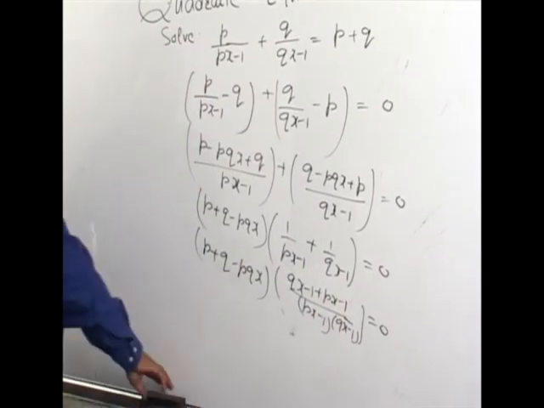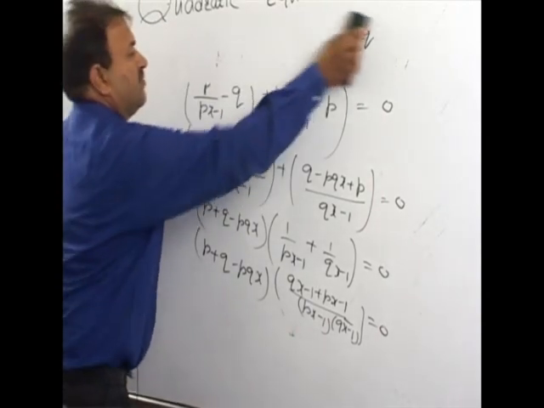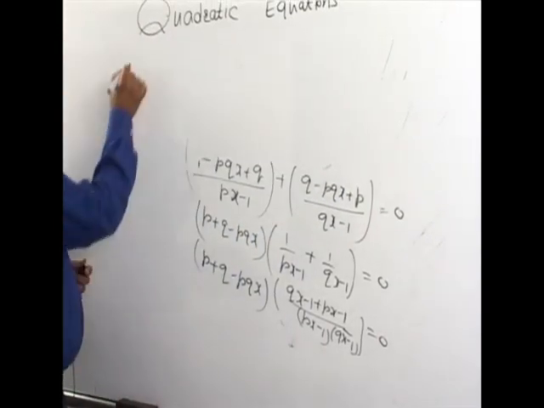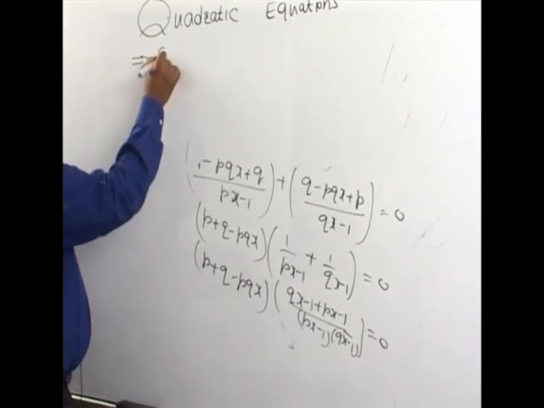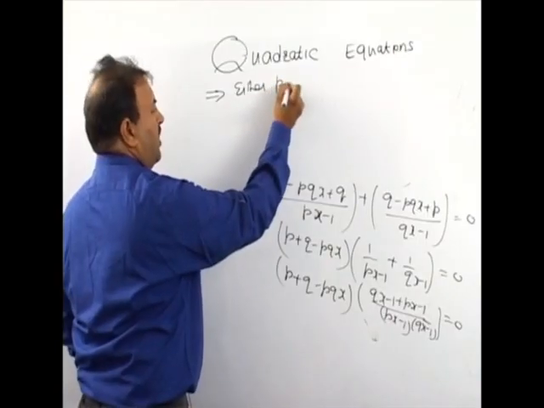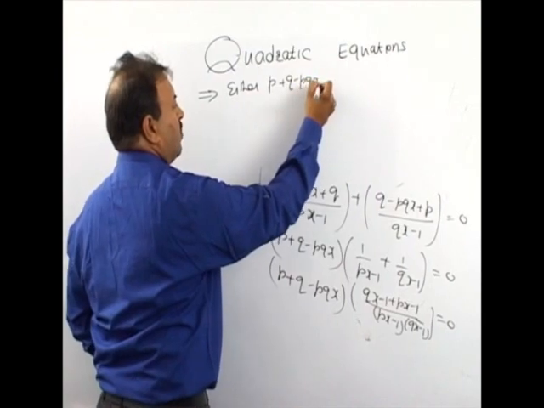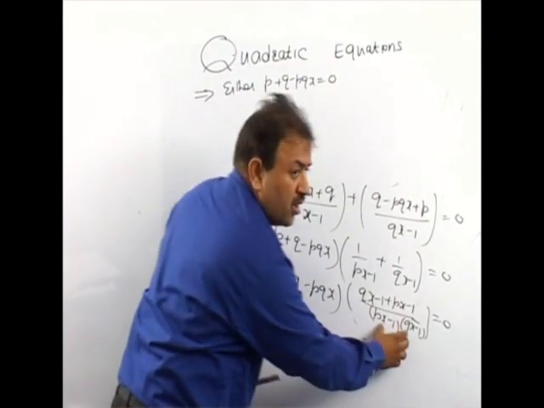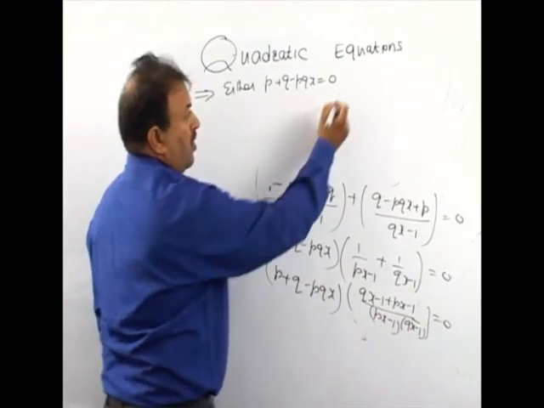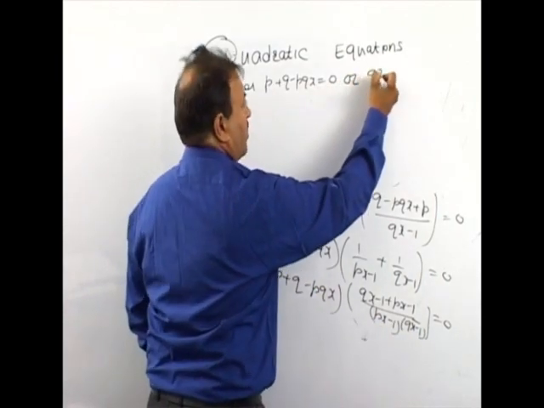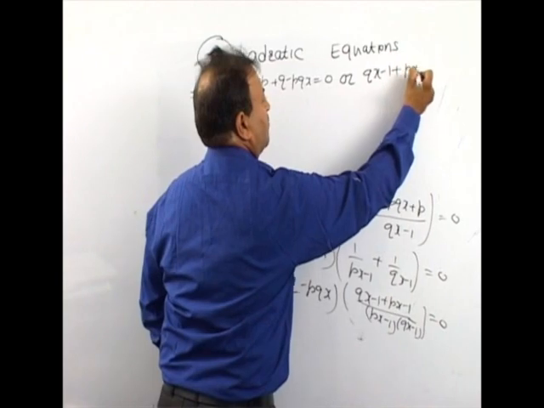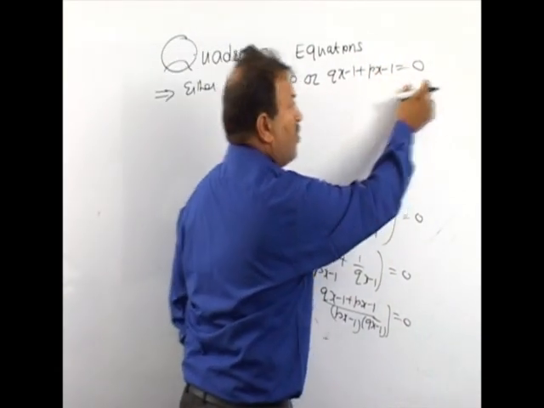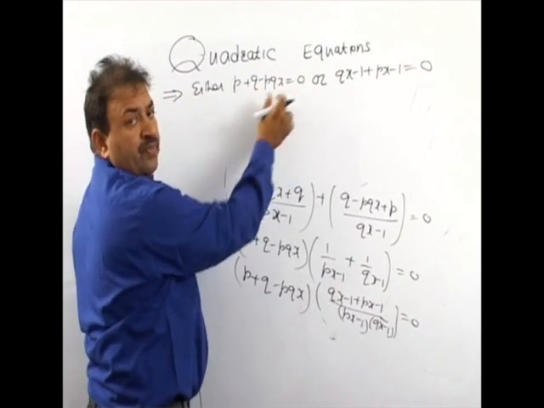Next step, we write down either p plus q minus pqx is equal to 0, or qx minus 1 plus px minus 1 is equal to 0. So either this is equal to 0 or this is equal to 0.